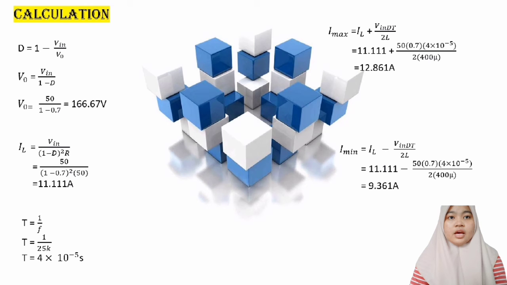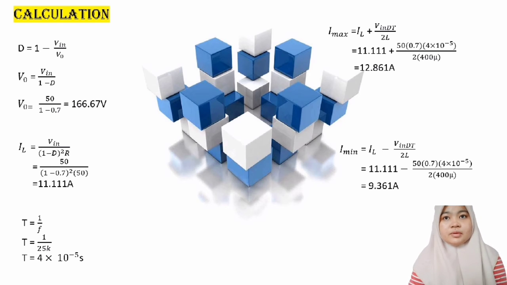And then we also calculate the I maximum and I minimum. For I maximum and I minimum, the formulas are the same. We just change the minus and plus. For I maximum, we use the formula of the inductor current plus V input multiplied by dt divided by 2 times the inductor.